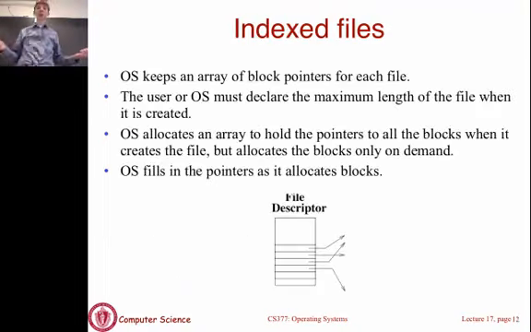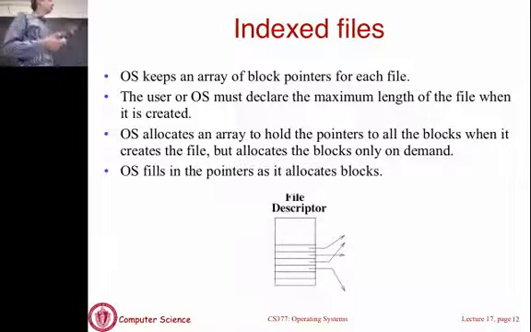So, this is obviously not good from an efficiency perspective in terms of actually reading and writing things. So, let's consider a different approach, which is rather than keeping a linked list where you're just pointing to the first block of the file, now let's actually keep an index where in the file descriptor we're going to keep pointers to every single block of the file. Right? So in the linked list case, you just have the one pointer to the starting block.